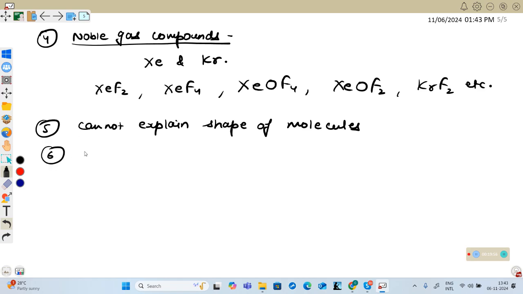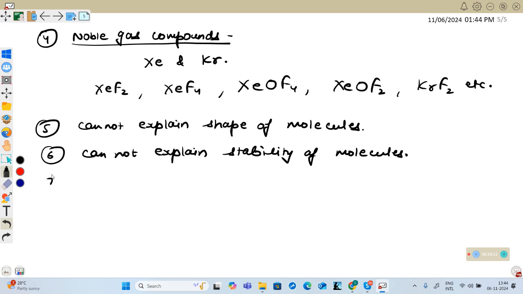It cannot explain the stability of molecules, and also the energetics.